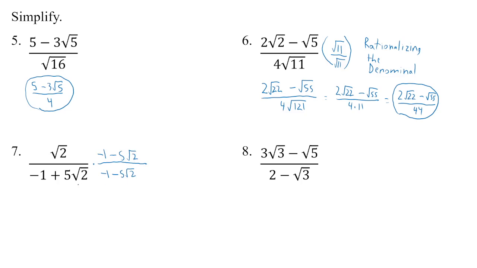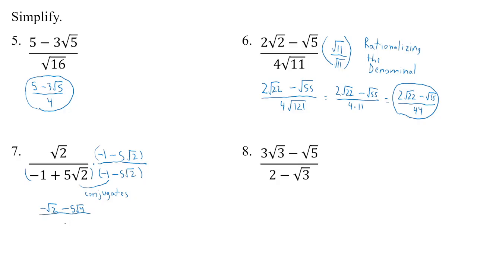And by the way, these are called conjugates. These are binomials where only the sign in the middle is opposite. So now we're going to multiply our numerator. This would be negative square root of 2 minus 5 times the square root of 4.